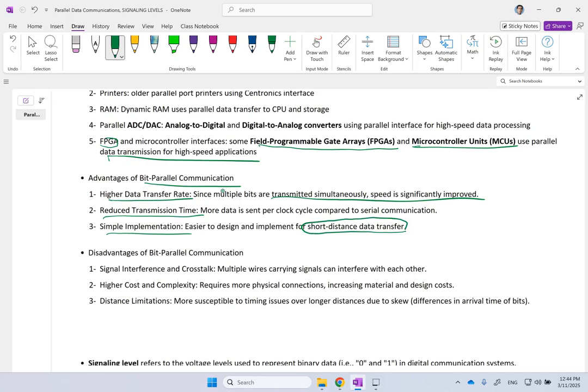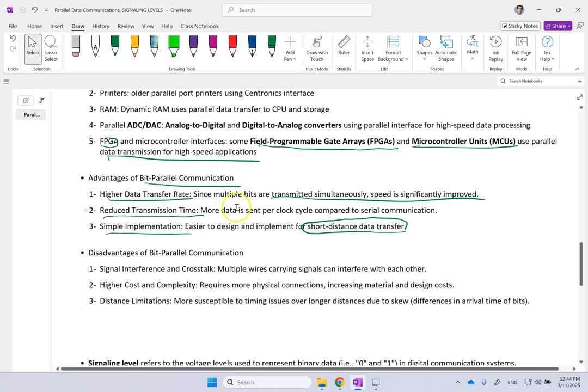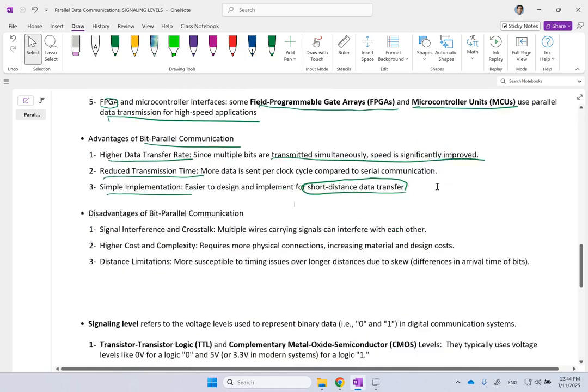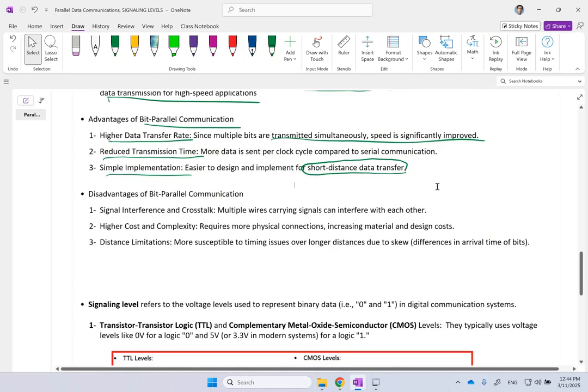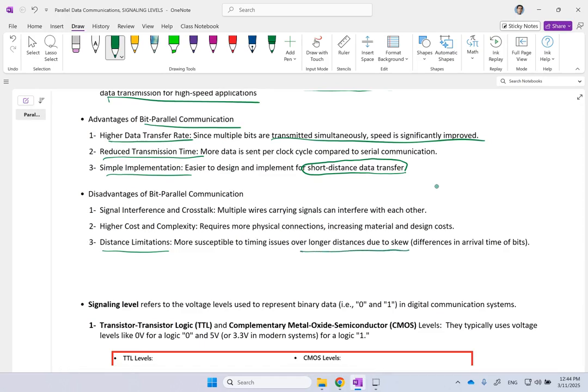And the reason for short distance is so that the delay is not significant and the bit skew is not very large. Okay, so when we come to disadvantages, one of the major things is distance limitations. We typically do not use them over long distances. Okay, we use them in shorter distances.